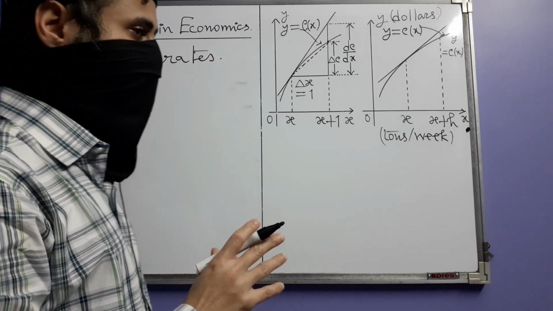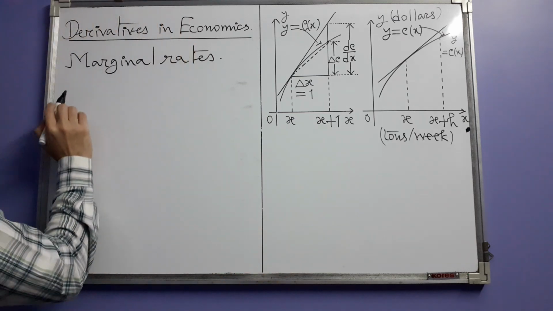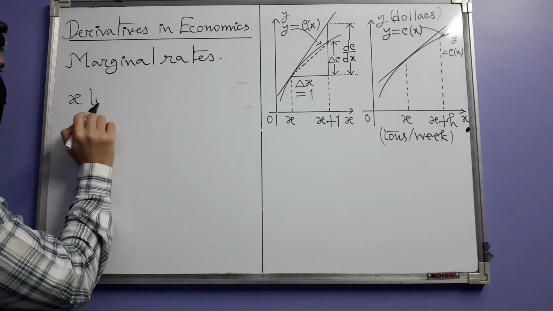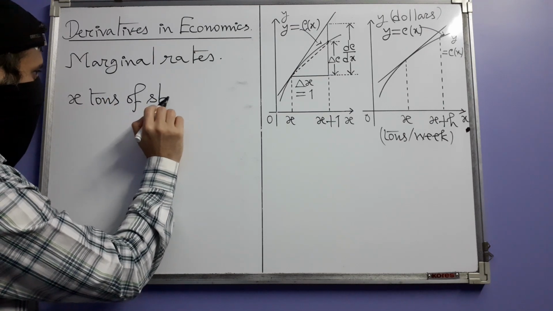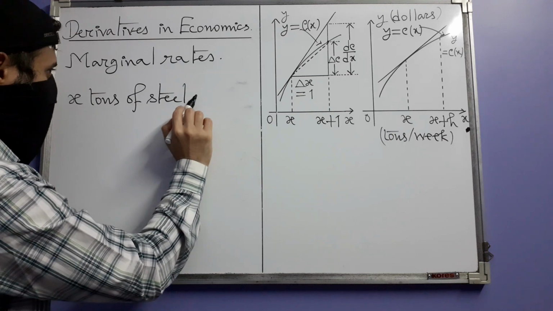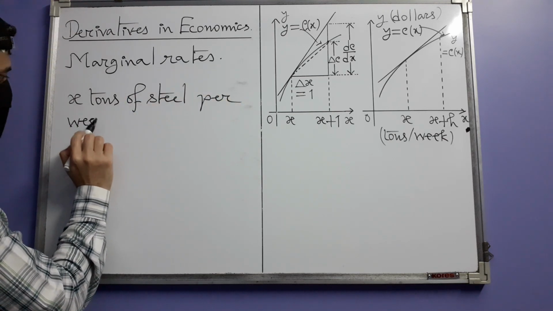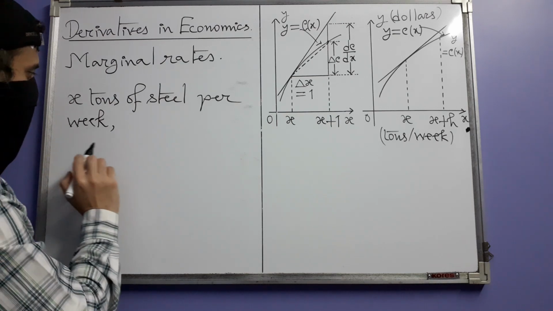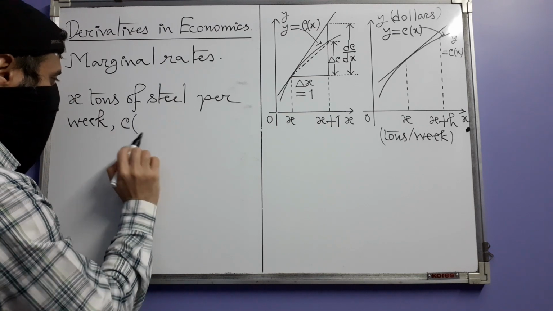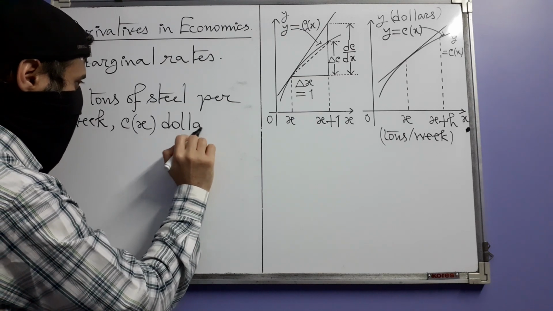Suppose you are in a manufacturing operation and you are manufacturing X tons of steel per week, and the cost of producing these X tons of steel per week is, say, C of X dollars.